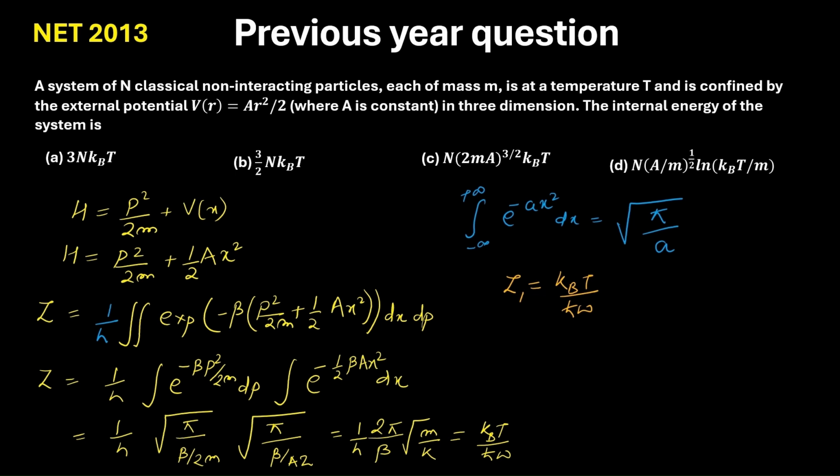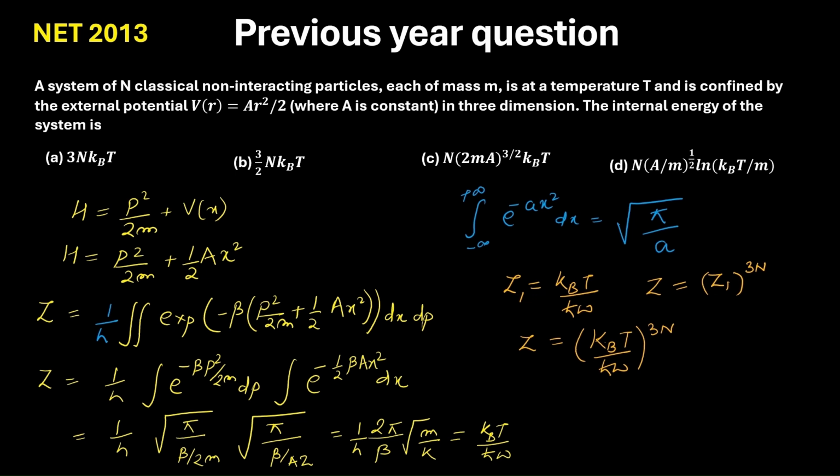If I want to go for n particles in 3 dimensions, then the partition function will be given by z1 to the power 3n. 3 for the 3 dimensions and n for the n particles. So now we have our final partition function. It will be kbt by h bar omega to the power 3n.